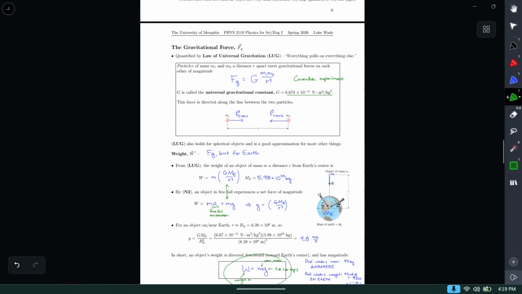It is true that if you go elsewhere in the universe, you have to take a step back to the universal law of gravitation, but not for this exam, other than technically it shows up for satellite orbits. So big G is needed to talk about finding the speed of a satellite in orbit around the Earth or something around the sun. And I'll get to that when I get to it.